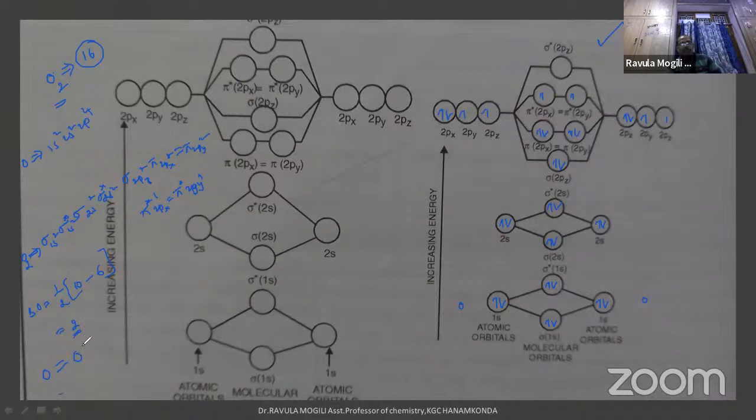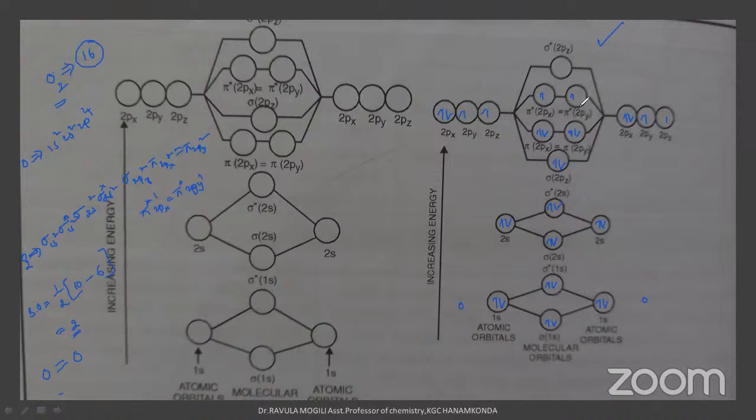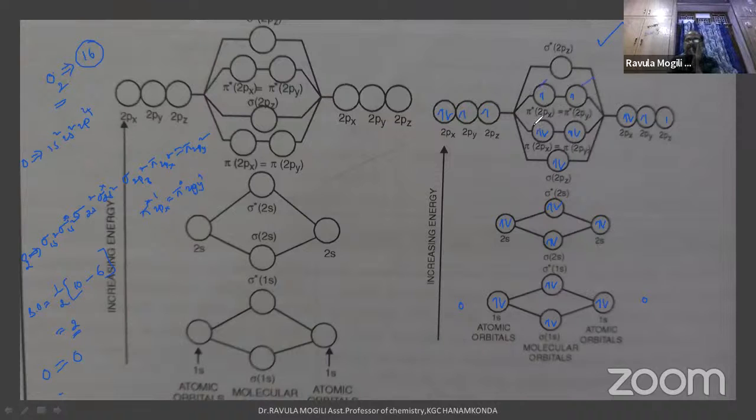Therefore a double bond is formed between the two oxygen atoms. So the bond order represents the number of bonds present between atoms. Is it para or dia? Paramagnetic. Two unpaired electrons are present in pi star 2px and pi star 2py, therefore it exists as paramagnetic.